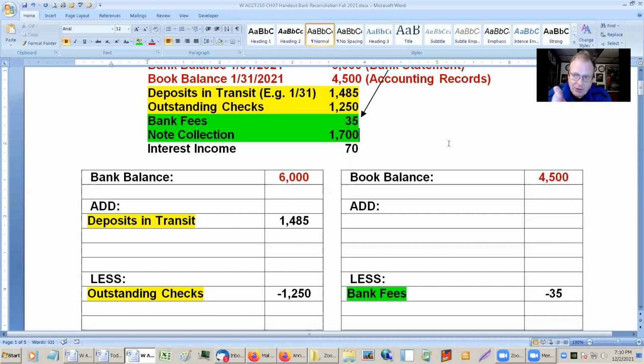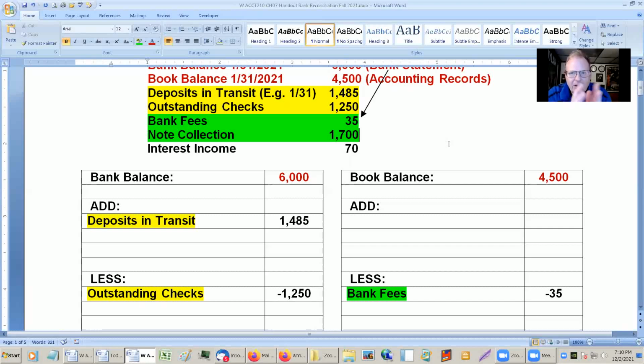But it is similar for a bank to collect a note. So you can say to the bank, I have this note, can you collect this for us? And they'll say, yeah, we'll collect it. They charge you a fee, they're not that nice, but they'll collect it for you.